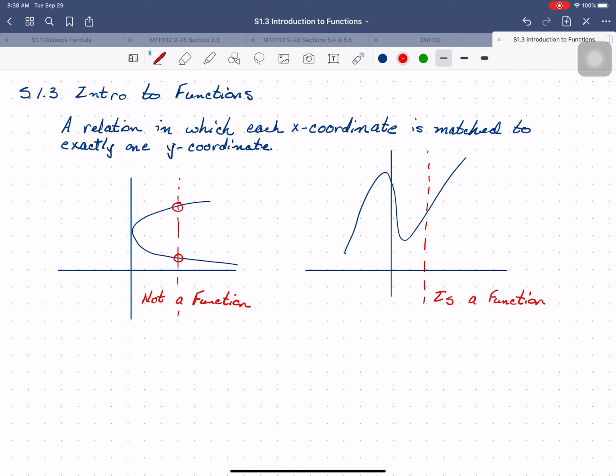Okay. Now, when we start talking about functions, we are going to start talking about the domain of a function. And the domain of a function is the set of all x values for which the function has a defined output.